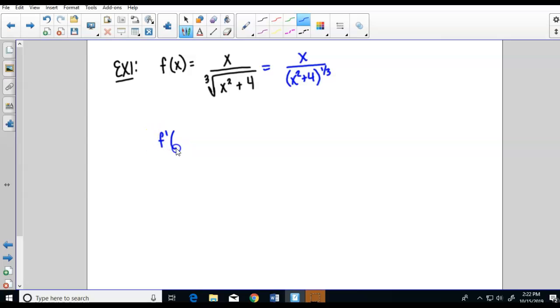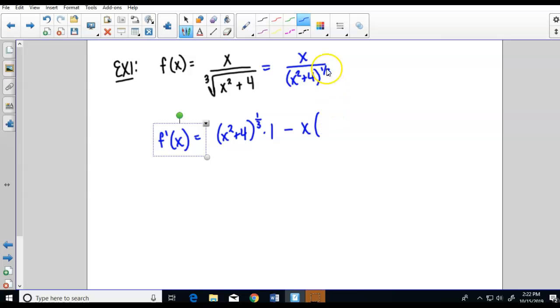When we take the derivative, we've got to do low, so that's x squared plus 4 to the 1/3 times the derivative of the high, which is 1, minus high, which is x, times the derivative of the low. Here's where we've got to use our chain rule.